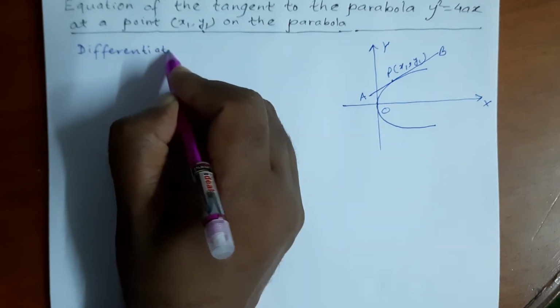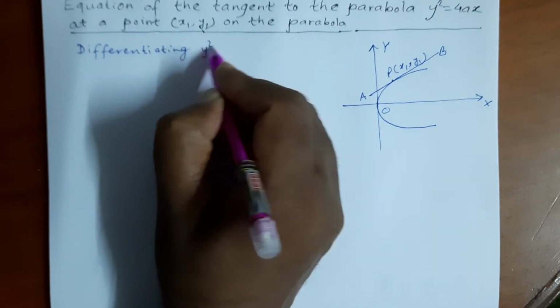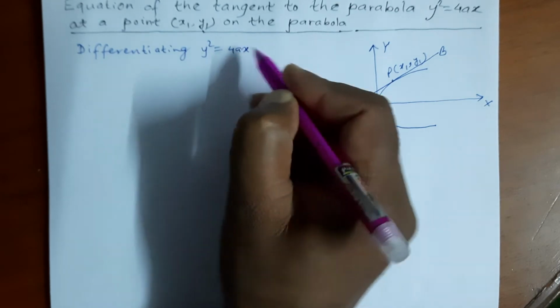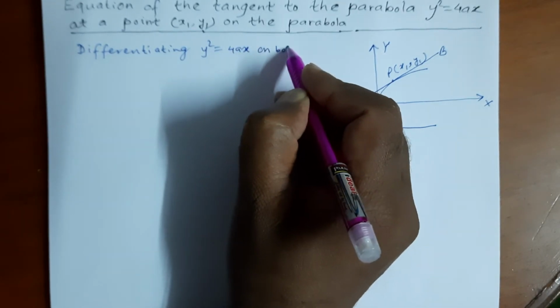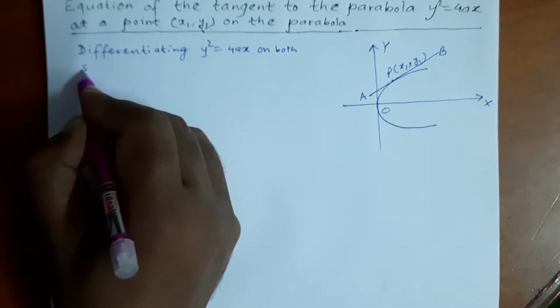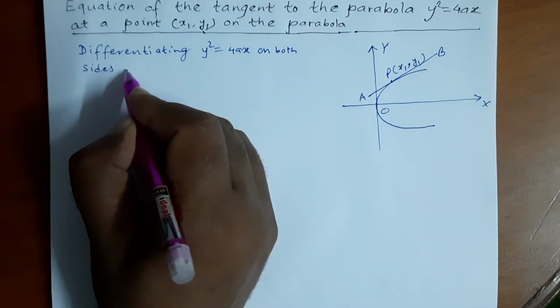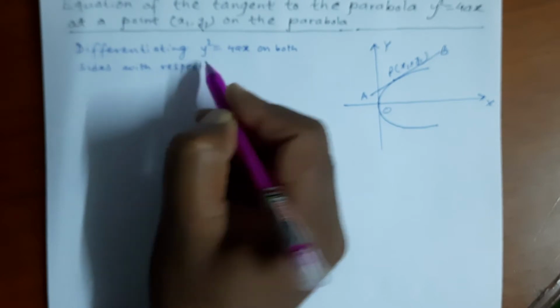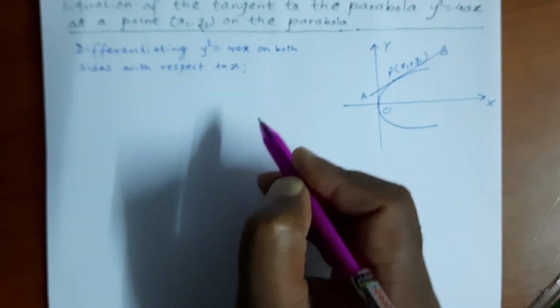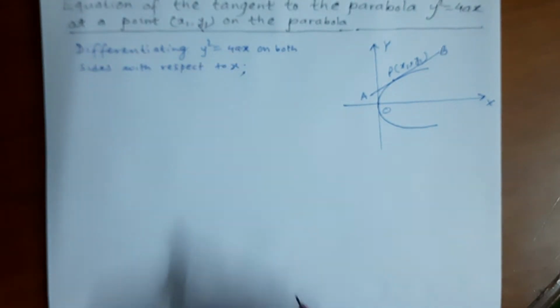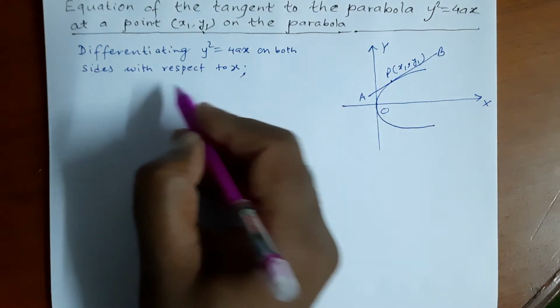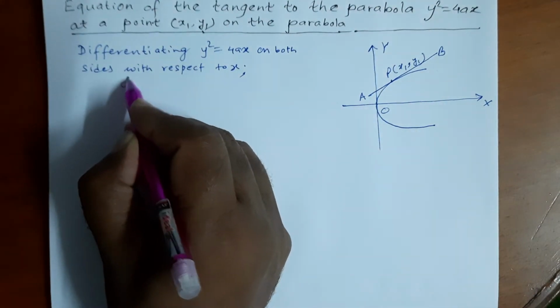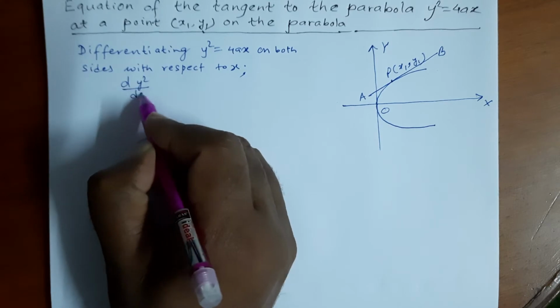Differentiating y square equals 4x on both sides with respect to x.